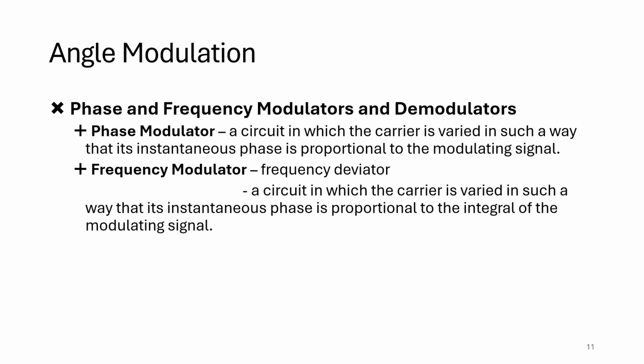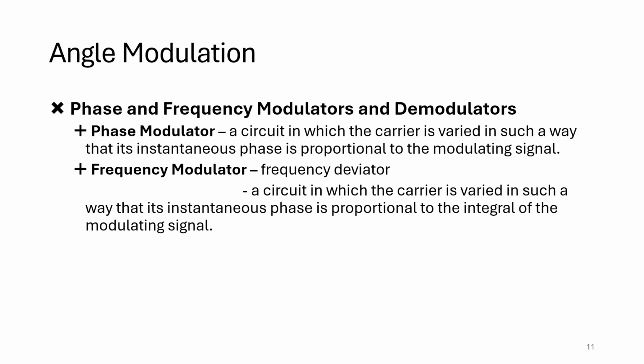Okay, so for FM, therefore, with a frequency modulator, if the modulating wave v(t) is differentiated prior to being applied to the modulator, the instantaneous phase deviation is proportional to the integral of v'(t).